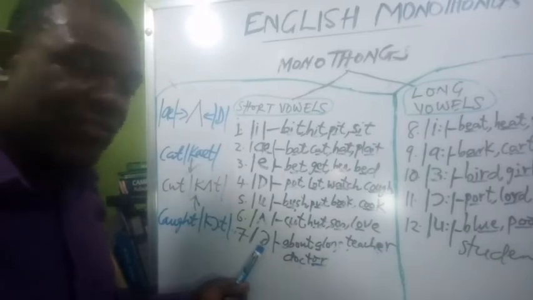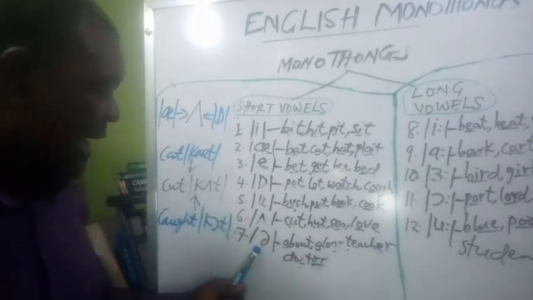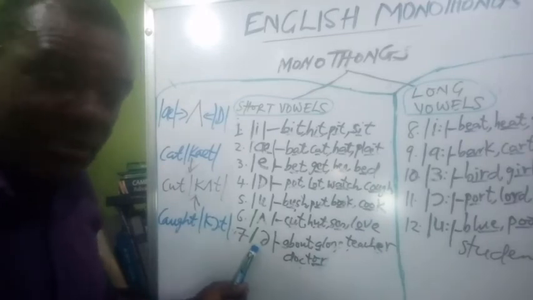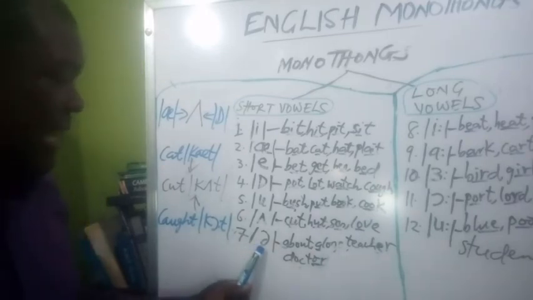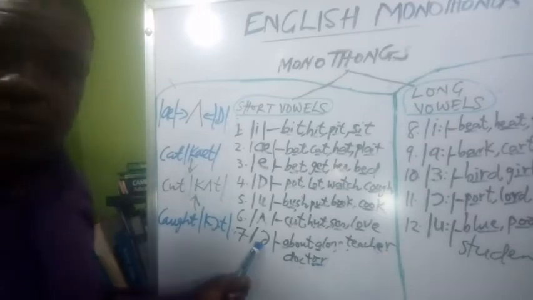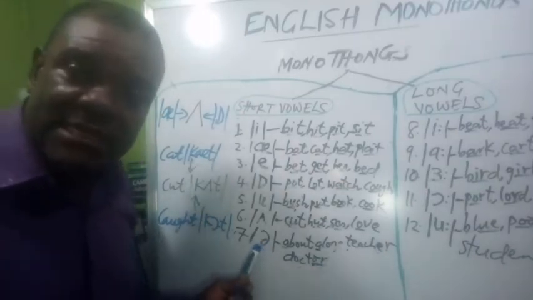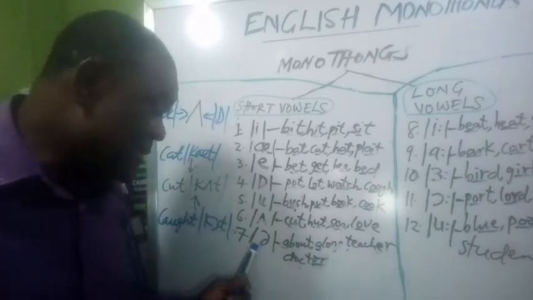The last sound among the short vowels is the schwa sound. It is an unstressed vowel sound, and it is the most frequently occurring vowel sound in English. Again, this sound does not occur in our local languages, and people tend to mispronounce it.